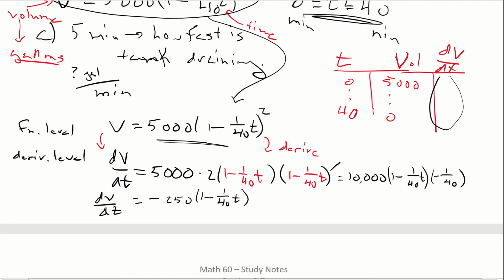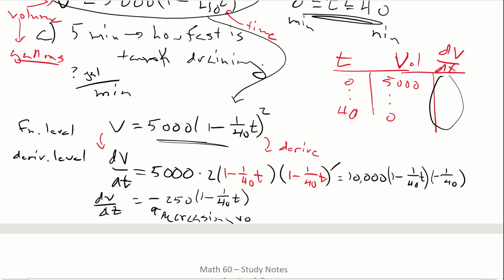That's how you calculate the speed at which the volume is changing. Do you notice the negative? What do you think that indicates? Well, the volume is at 5,000 and it's shrinking, so your net change is negative. You're losing volume. So this means it's decreasing right there.